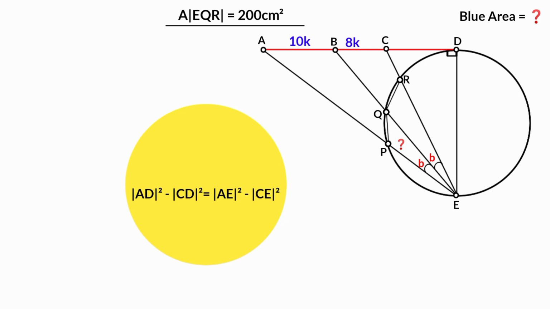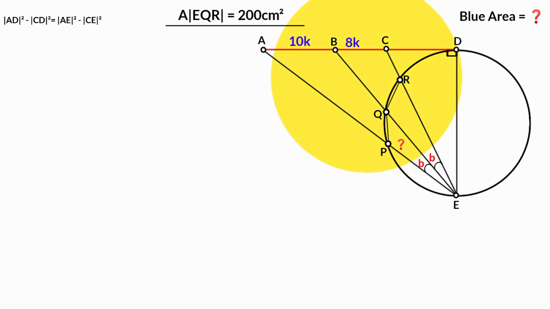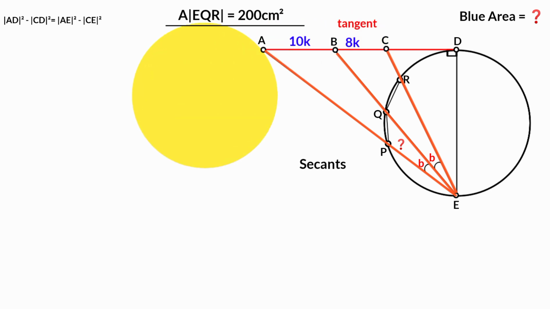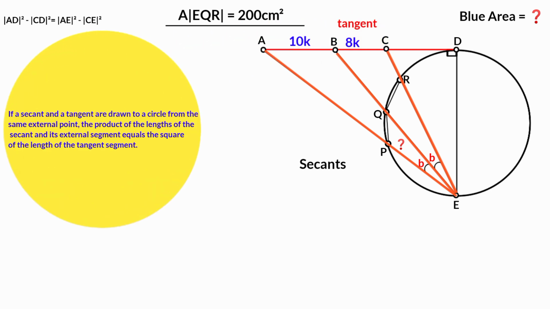We keep it aside. Now come here, look at this line AD. It is a tangent to the circle at this point, while this line AE, this line BE, and this line CE are secants. Since all the secants are intersecting with this tangent AD, there is this theorem from the circle theory that if a secant and a tangent are drawn to a circle from the same external point, the product of the length of the secant and its external segment equals the square of the length of the tangent segment.